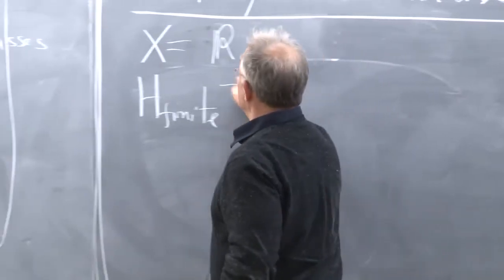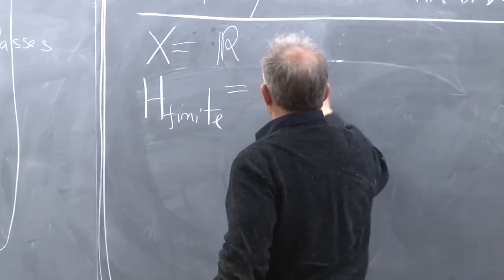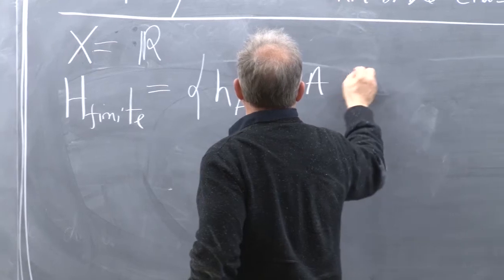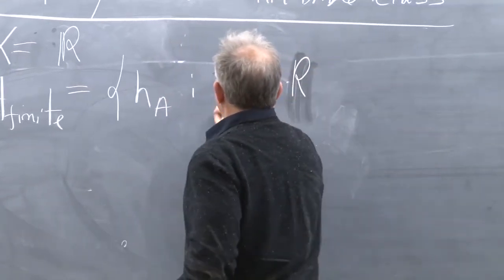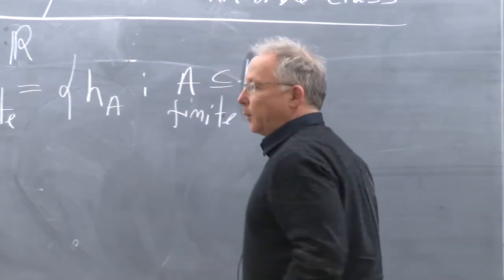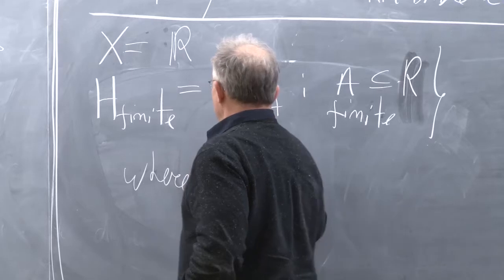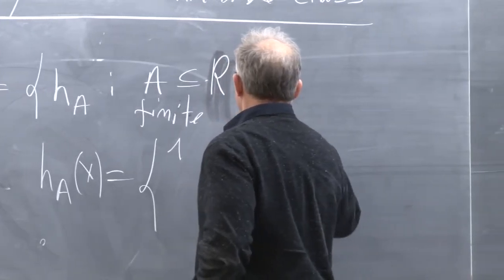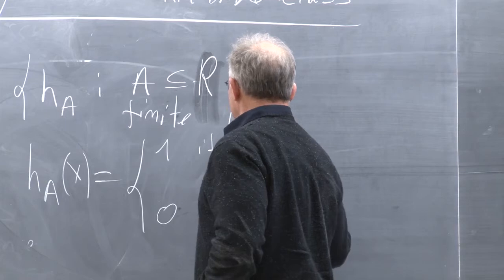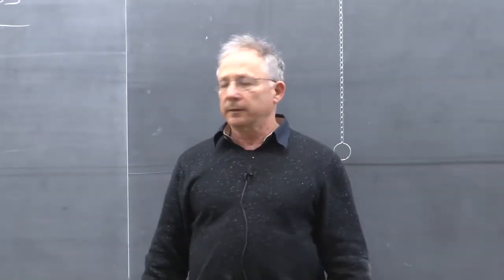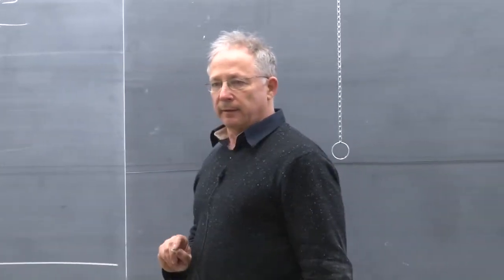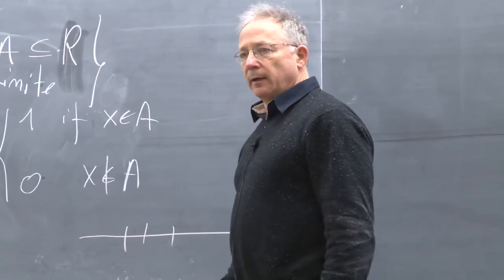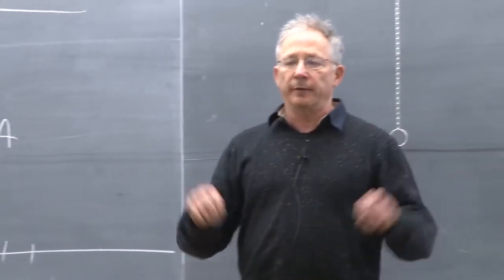So this is the set of all functions H_A, such that A is a finite subset of R, where H_A of x is 1 if x is in A, and 0 if x is not in A. So I look at the real line, that's my domain, and I consider the set of all functions that are 1 on a finite number of points and 0 everywhere else.